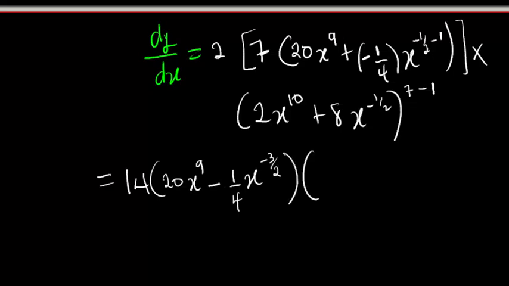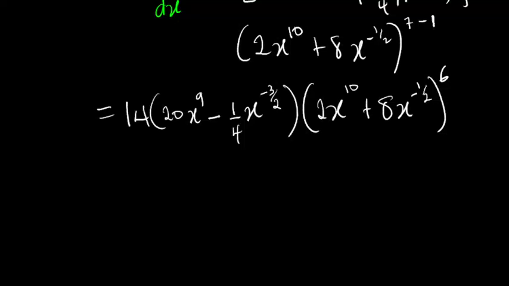So close the brackets. You have 2x raised to power 10 plus 8x raised to power minus 1 over 2, raised to power 6.